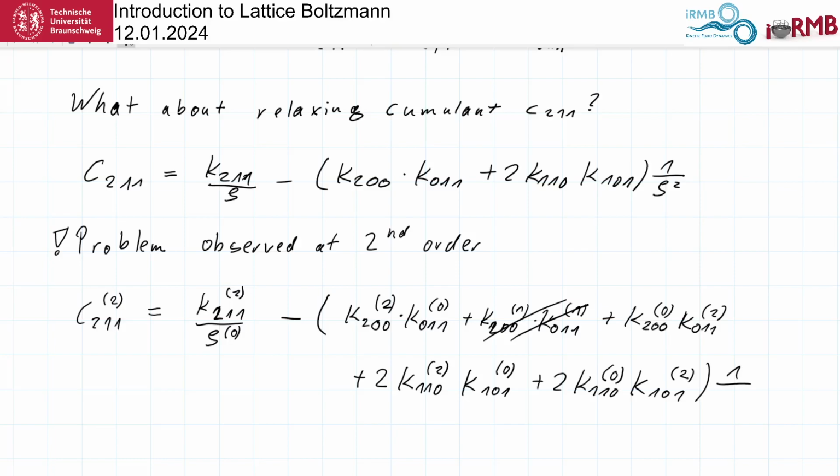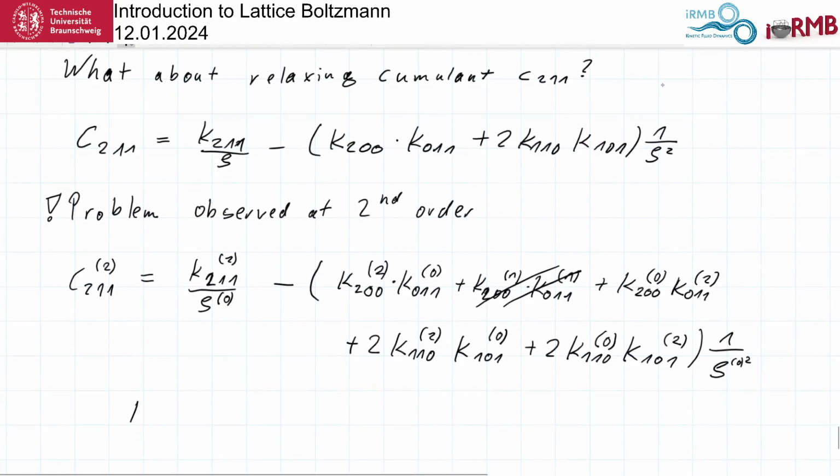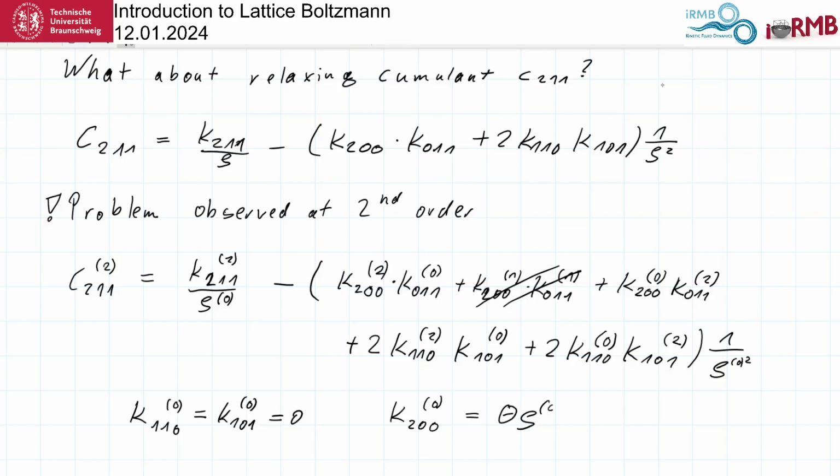And all of this divided by rho to 0 order square. Now we know that these guys to 0 order are 0, so they would just disappear. K200 to 0 order is theta rho to 0 order.